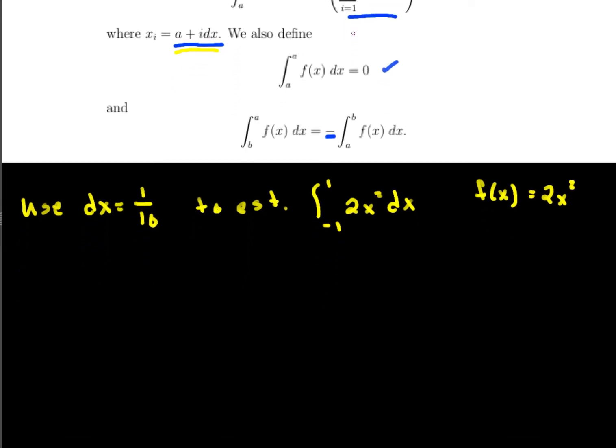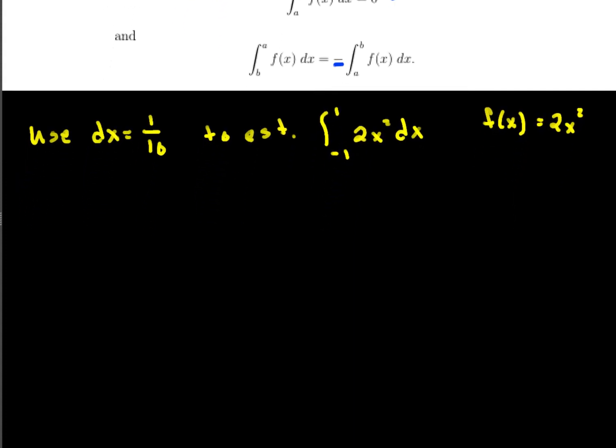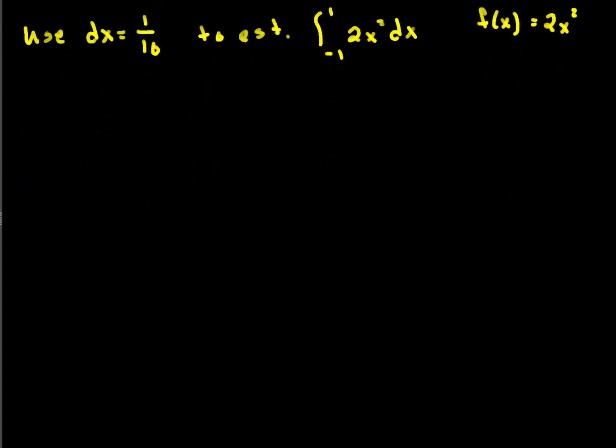So the relationship, if you recall, is that dx is equal to b minus a divided by, in the definition, it's an infinite integer, but we're going to be finite now, so I'll just call it n. And in our problem, this is 1 over 10.